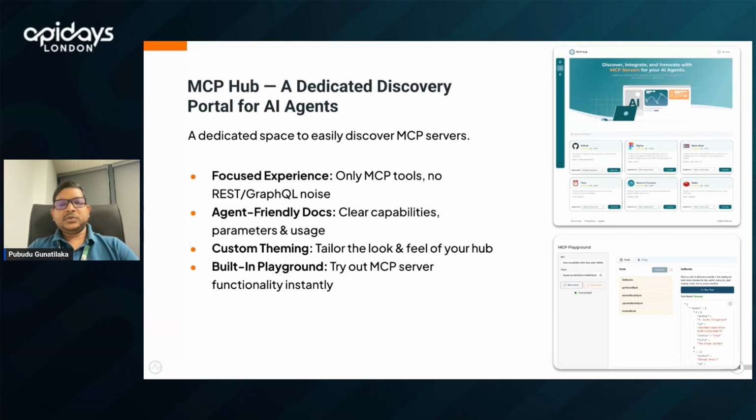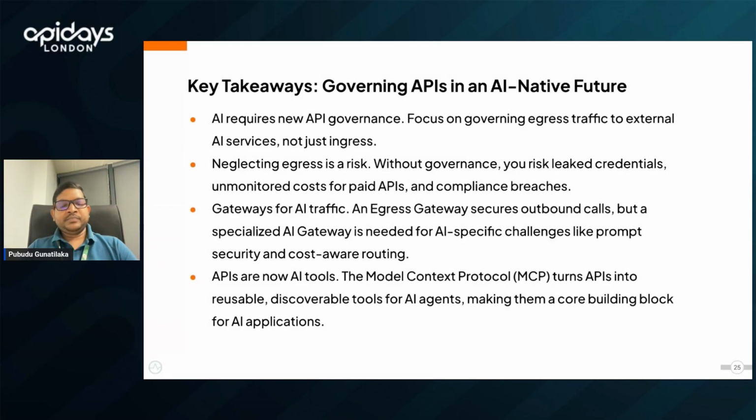It only contains your MCP servers, where agent developers can come and discover them. You can theme it according to the theming that you want. You have playgrounds to try out these MCP servers. So this is the high-level idea of how you do MCP server management with consumption.